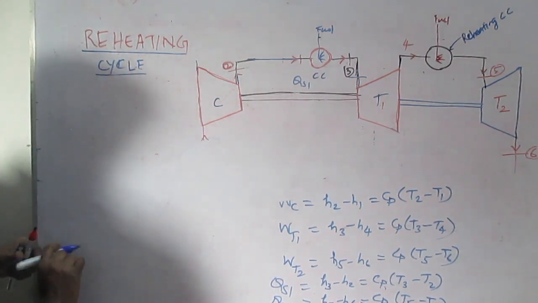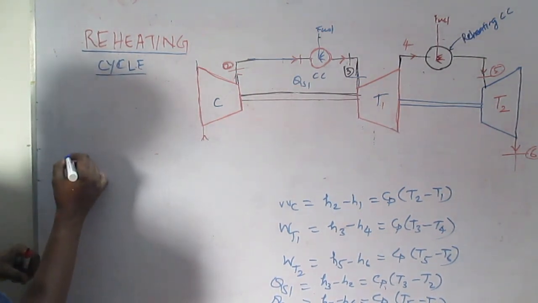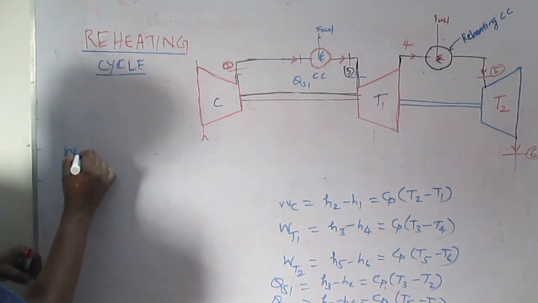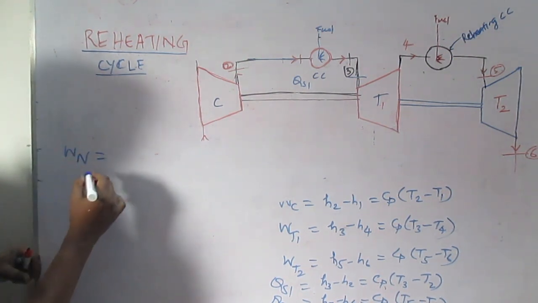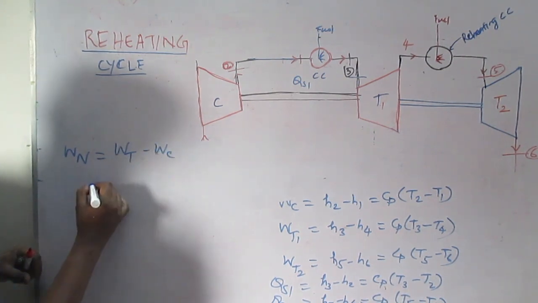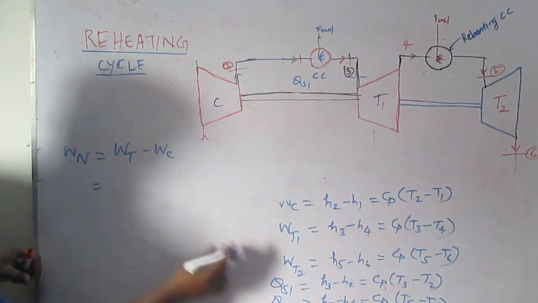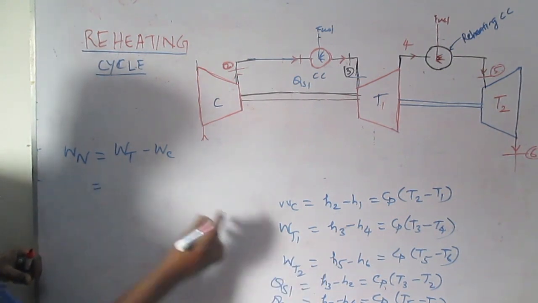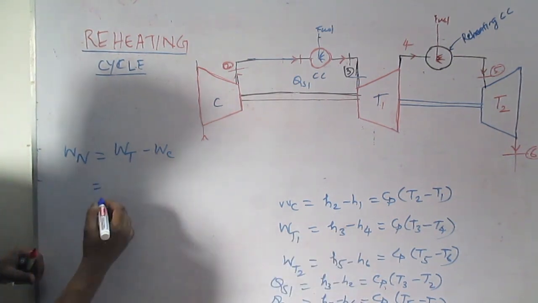So the net work Wn is nothing but Wt minus Wc. Here we have a Cp, we have to take it together.